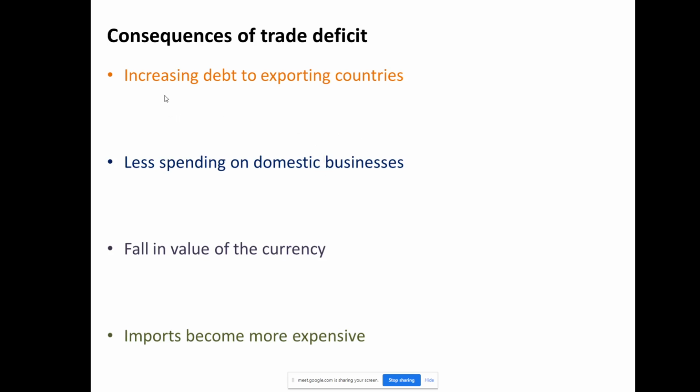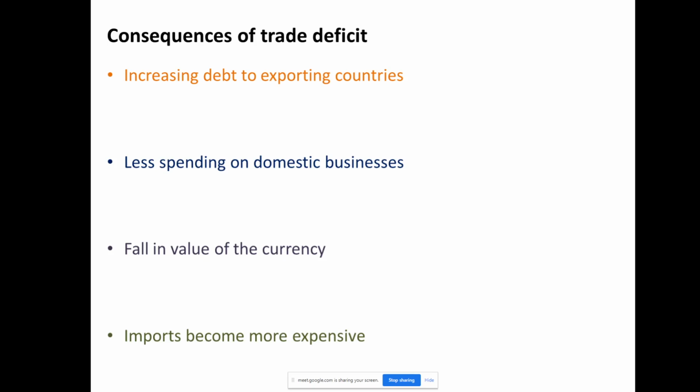The first consequence: if you always have trade deficit, there will be an increasing debt to exporting countries. What does it mean? So you're always owing money to other countries.